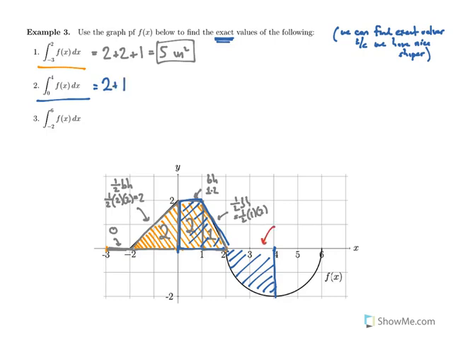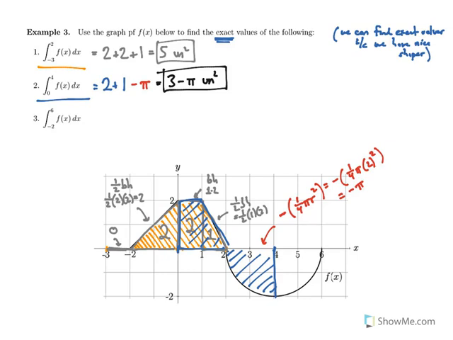And then this area right here is going to be negative a quarter of the circle. Area of a circle is pi r squared. We're doing a quarter of that. That's going to be negative 1/4 pi, and the radius here is 2, squared. So that's going to be a negative pi that we get there. This is going to be total 3 minus pi units squared.